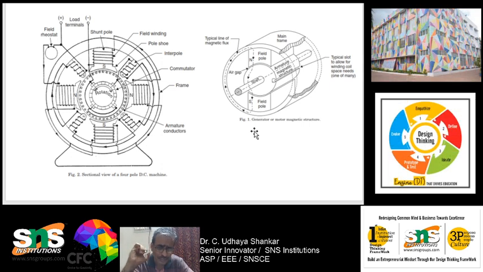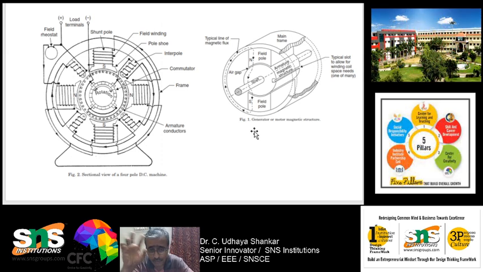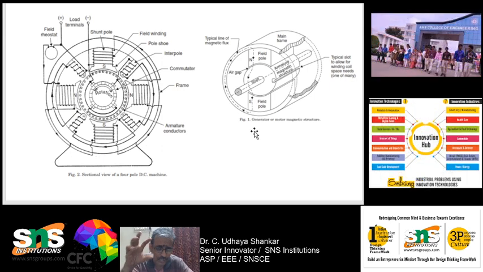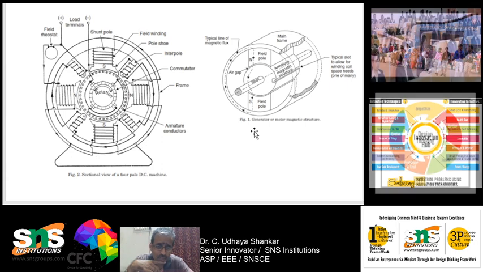These eddy currents are produced because this armature is also carrying a current, because of which the armature also becomes an electromagnet, and some currents will flow inside the armature core itself. This will lead to a huge loss of energy inside the armature core, which will not do any useful work. It will just overheat the armature and reduce the efficiency.